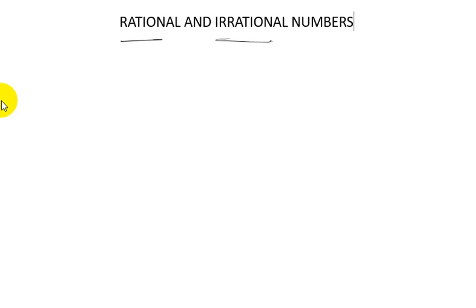So, rational numbers equal common fraction. Let's take it that way, and that's the simplest definition I can give.